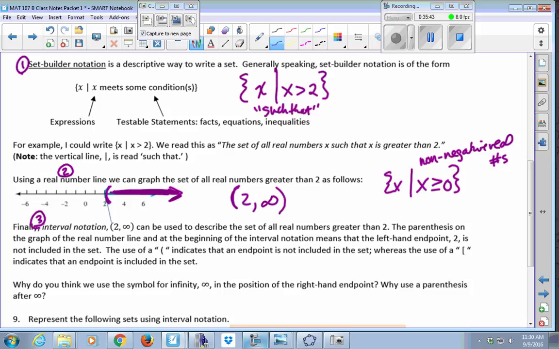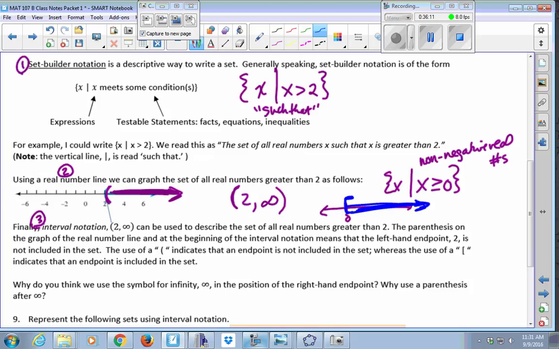But if we were actually putting this on the number line, it would look like this. 0, and I would have a bracket like this. I call it the staple, because if you think of a staple, it's shaped like a bracket, right? And it includes it, right? You include whatever you use the staple with, and then you would shade all the way to the right. So that would be the set of all non-negative real numbers.